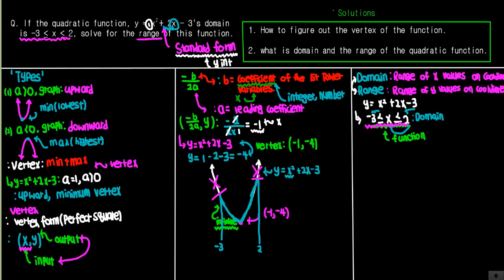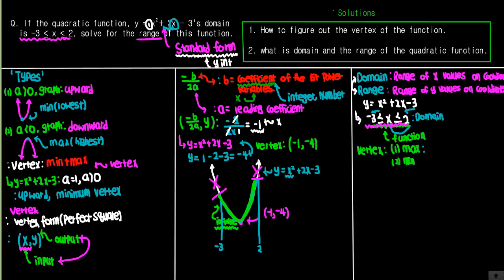So let's think about the new vertex of these functions. Our new function is not our original function, but the function that we made. And that means it is going to contain either the maximum point or the minimum point, because it has the limitation.